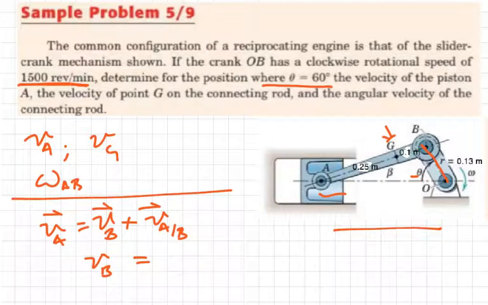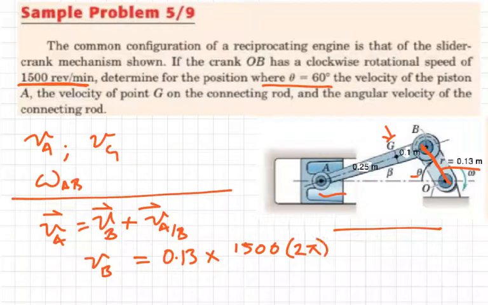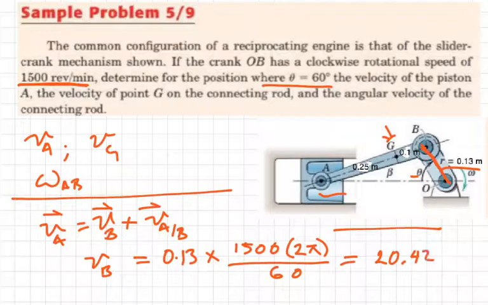So if you convert this into velocity, it will be, first, the radius is 0.13 times 1,500, multiply this by 2 pi, and you divide this by 60 because it's in minutes, you convert it to seconds, and if you compute this, it will give you 20.42 meters per second.